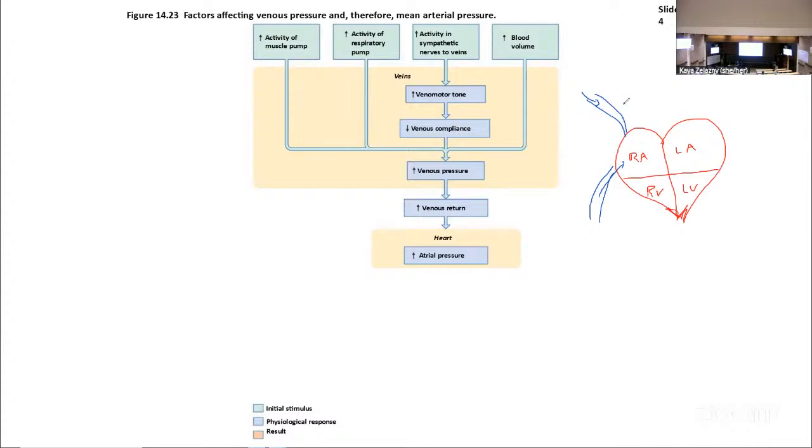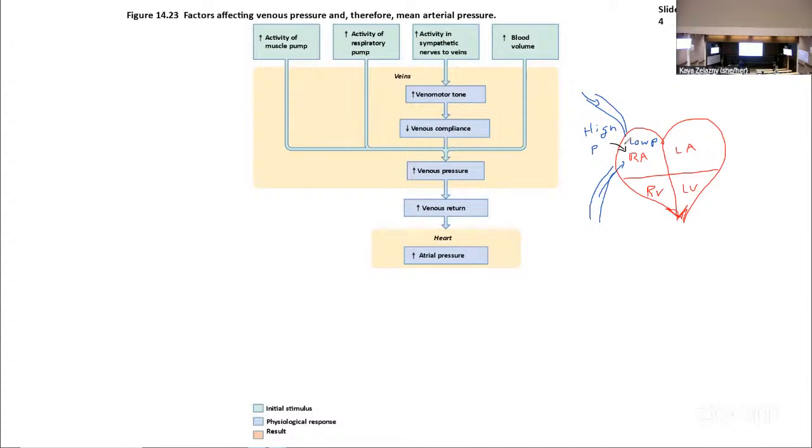So we can think about this venous pressure change as creating higher pressure here. And when the heart is relaxed, we should have low pressure in that atrium. So we are going to, on the whole, have more blood filling into that right atrium when we're relaxed.